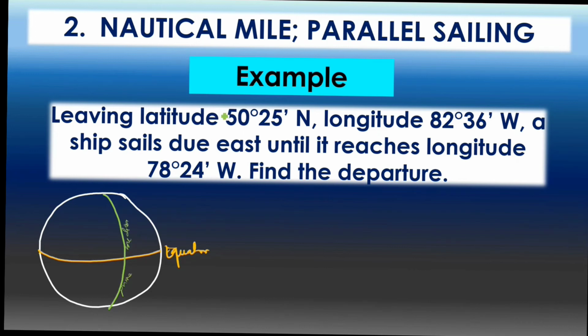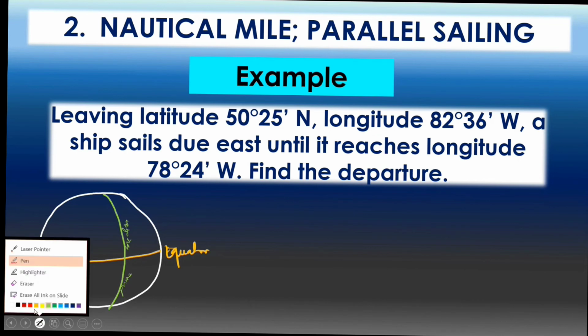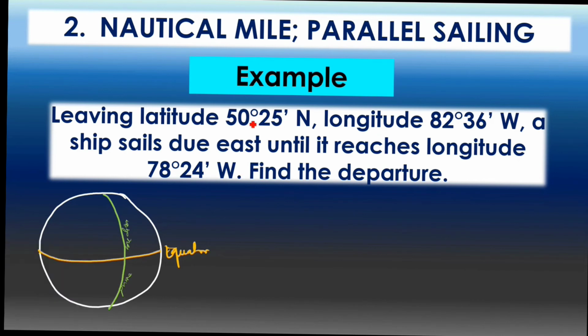Then latitude of 50 degrees 25 minutes north. From the equator, we're going to measure 50 degrees. So for example, the 50 degrees is here. This is 50 degrees 25 minutes north. So we're going to have a small circle here on the said 50 degrees and 25 minutes.